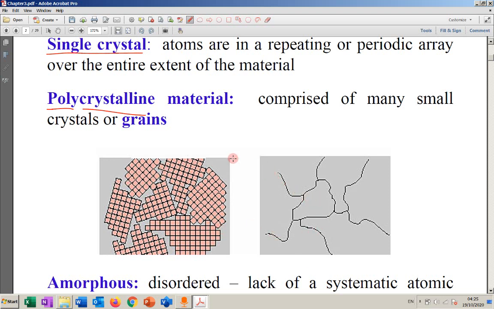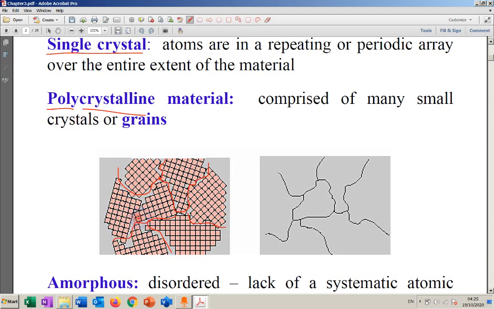In a city, for example, imagine this is a neighborhood. Look at inside this neighborhood. The houses are arranged all in the same order. Those are crystal structure. The arrangement is crystal, all of them. But the different neighborhood, they are not the same. In this neighborhood, the arrangement is different, but still arranged. Again here, different arrangement.